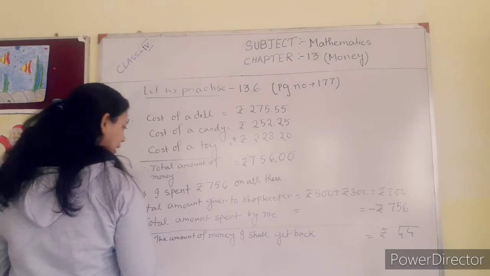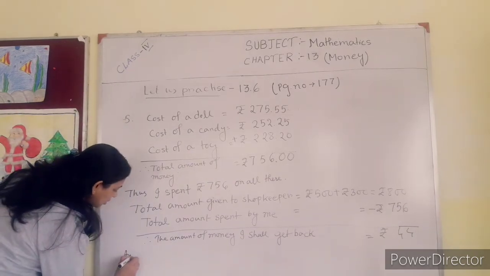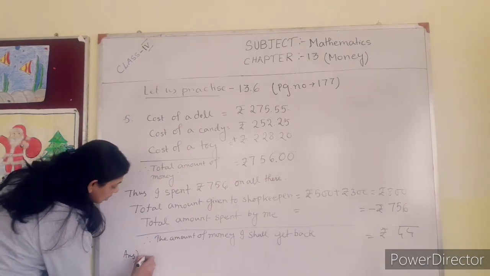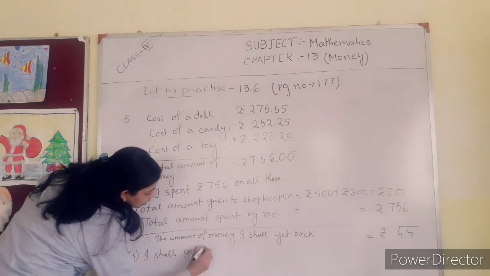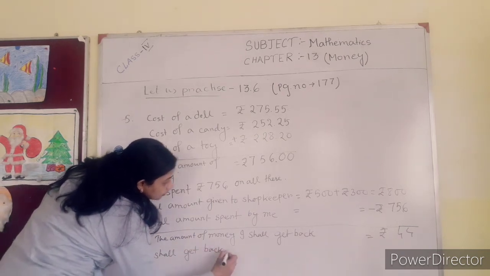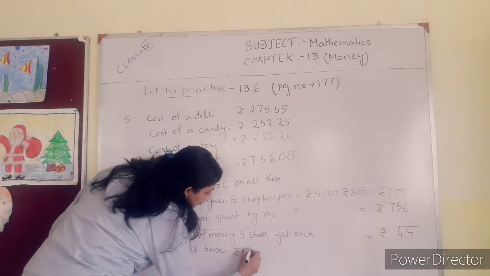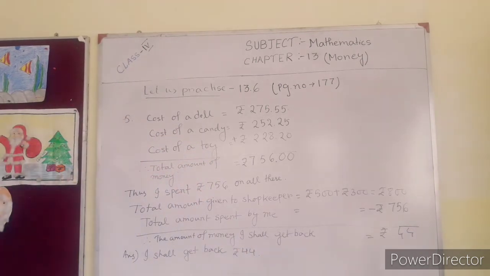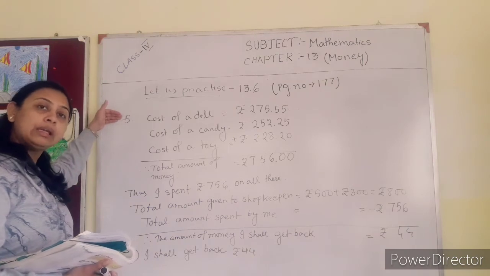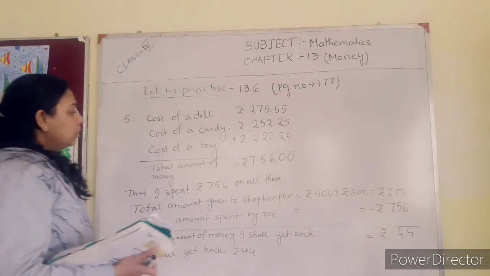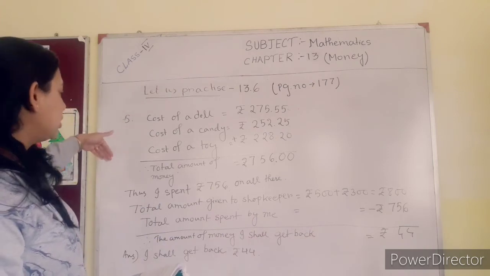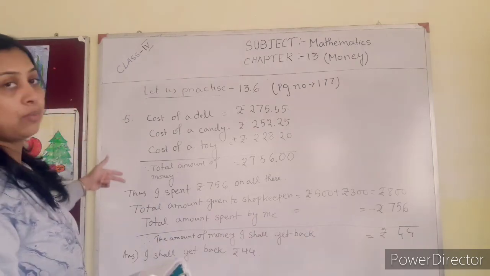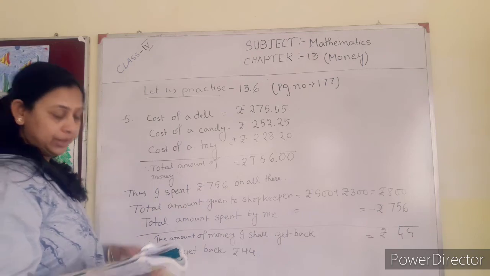Thus I shall get back rupees 44. Here, practice question number 5 again and again. I have solved this problem in 2 parts, so please remember every step you do to solve it.